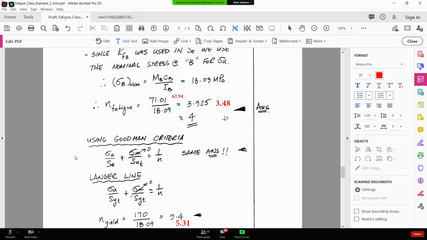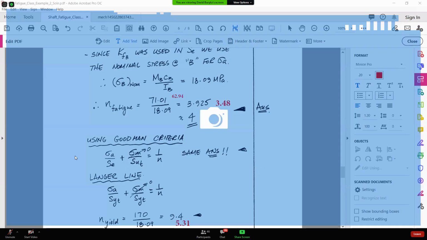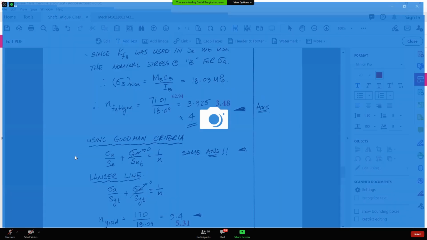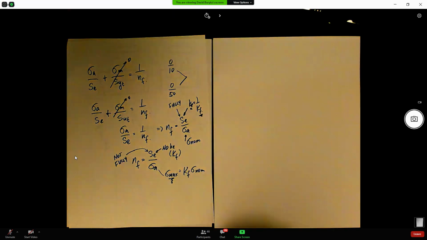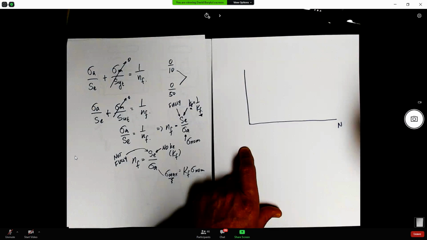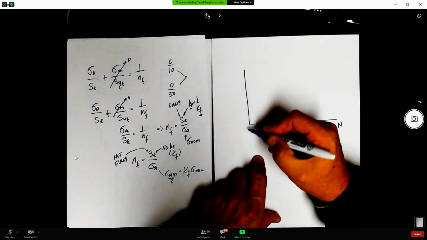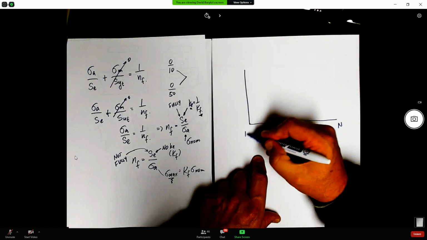But if the factor of safety against fatigue came out less than 1, recall back to the S-N diagram, where this axis is the number of cycles. If this was 10 to the 3, the curve went like this.